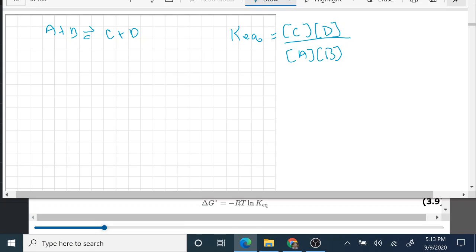So we could even write products over reactants. Those are the concentrations at equilibrium, okay?